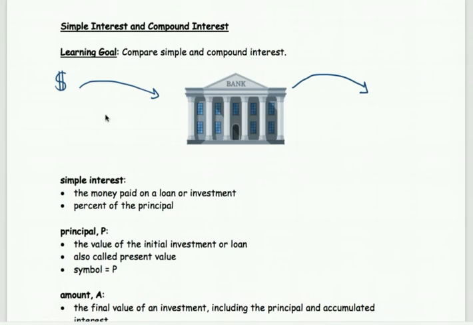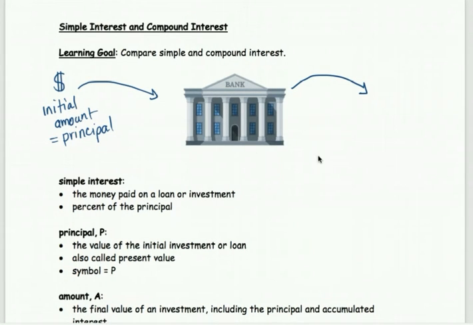So you are starting off with some initial amount of money. This is your initial amount, and they like to use a fancy word called principal for that. We're going to take the principal and put it into the bank. They also call this the present value.